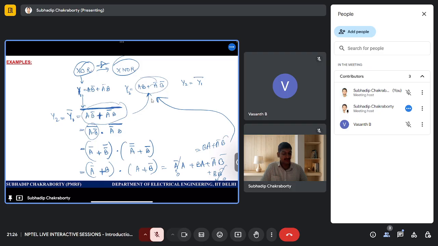So it is proved, right, that the inverse of this function, which is the inverse of the XOR, is nothing but the XNOR, which can be written as this. It is also written as A XOR B whole complement, and A XOR B is A B bar plus A bar B, whose complement is nothing but this, that we proved. Understood? So now you can prove like this.